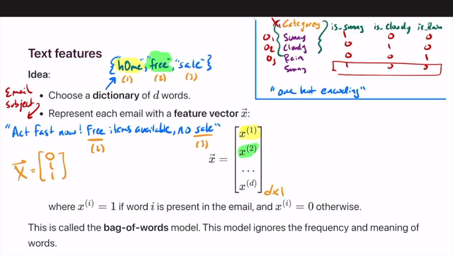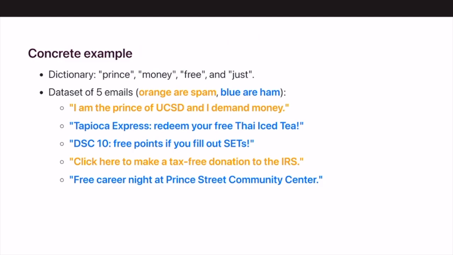And that's all. So let's do an example of this. Here we have 5 emails, and we'll just say that these are the subject lines to make it easy. So our dictionary includes prince, money, free, and just. So what does this look like?